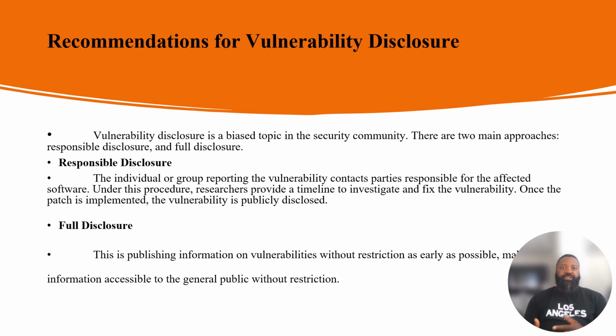Under this procedure, researchers provide a timeline to investigate and fix the vulnerability. Once the patch is implemented, the vulnerability is publicly disclosed. Full disclosure is publishing information on vulnerabilities without restriction as early as possible, making information accessible to the general public. So we've come to the end of this one.